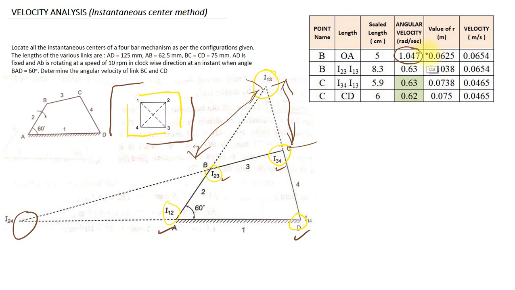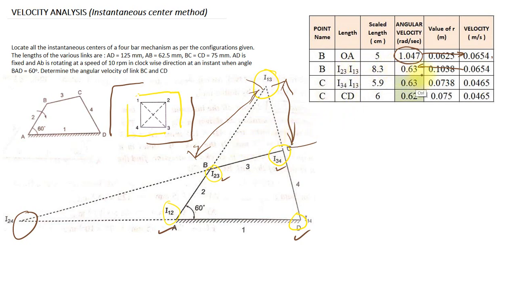Then from this you are going to find the velocity at the point B. Then you are going to find the angular velocity of the link BC, omega BC.